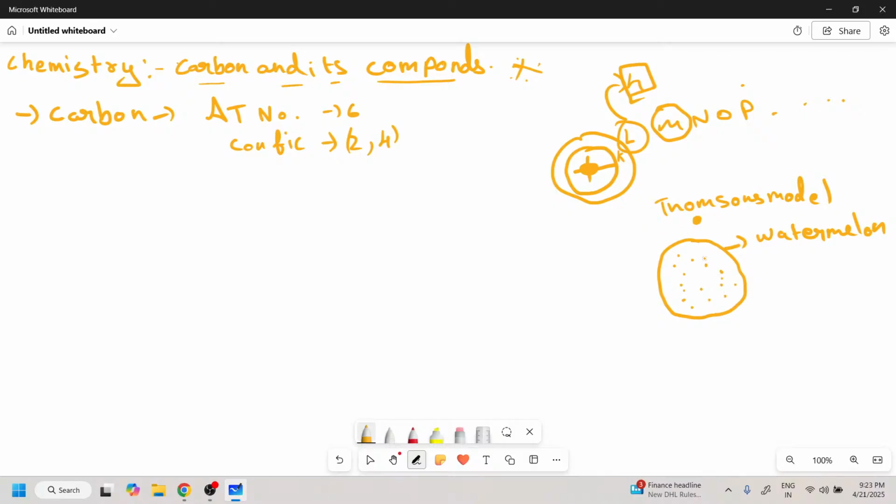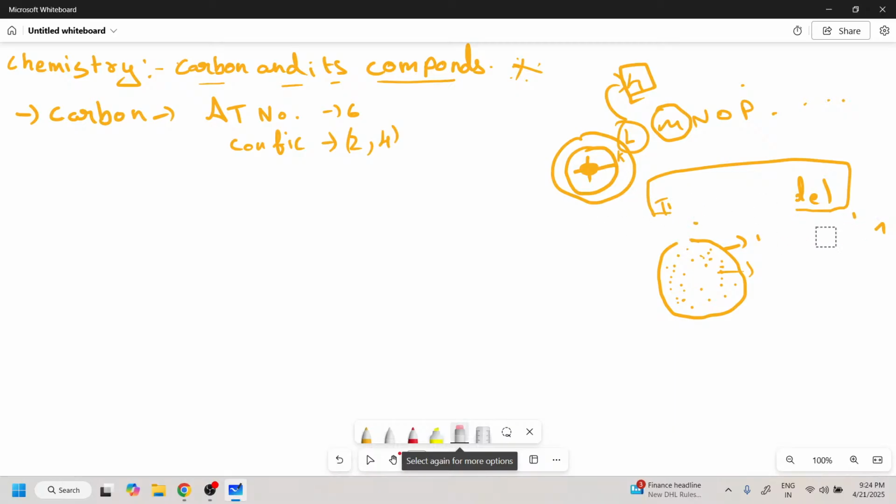These seeds are mainly acting as protons, electrons, neutrons. Thomson's model does not match our carbon and compounds, but for showing this outermost shell, I have shown it.